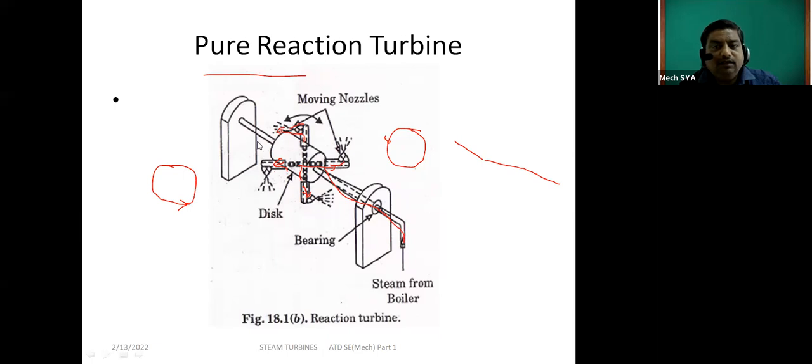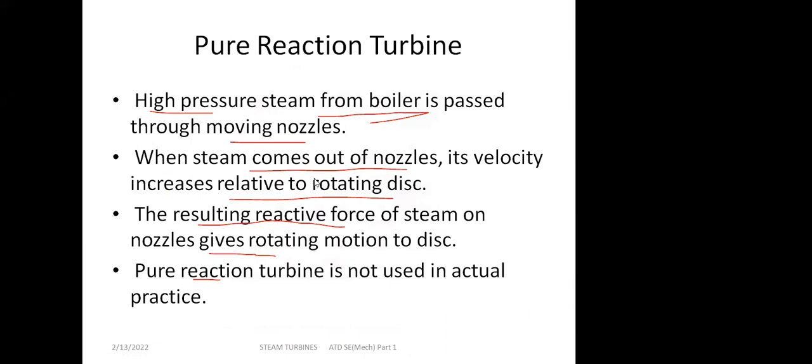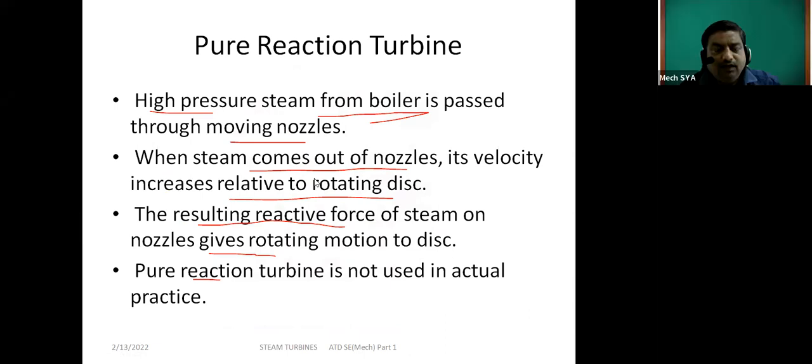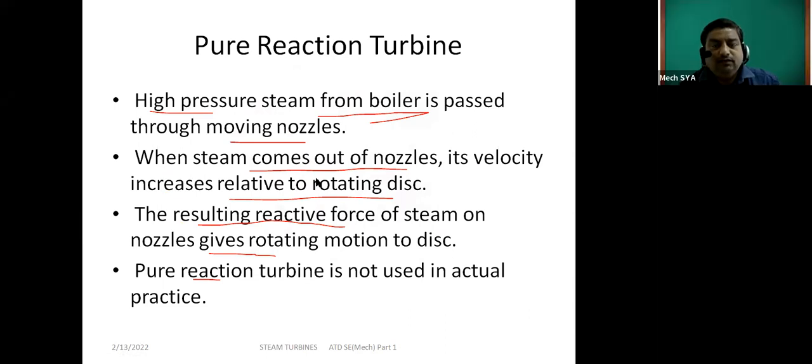But afterwards it is decreasing mainly during the stages, in the series of moving blades and fixed blades. So here we have the pure reaction turbine as one of the concepts. High pressure steam from the boiler is passed through the moving nozzles. Steam comes out of the nozzle, its velocity increases, resulting in a relative force. Whenever the steam changes its velocity, it is changing its momentum, because momentum mainly depends on the velocity.